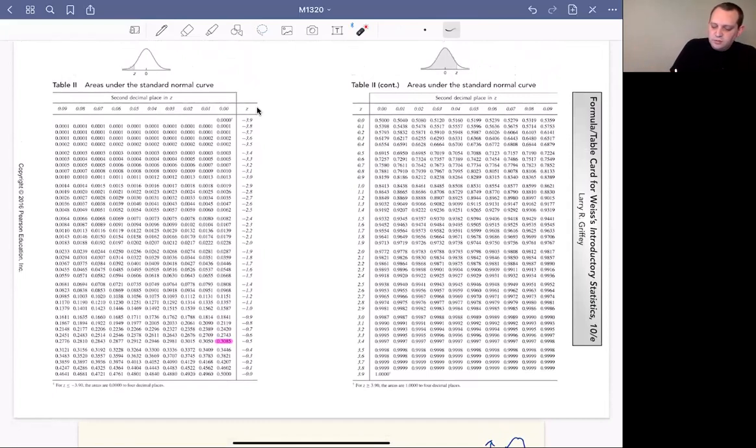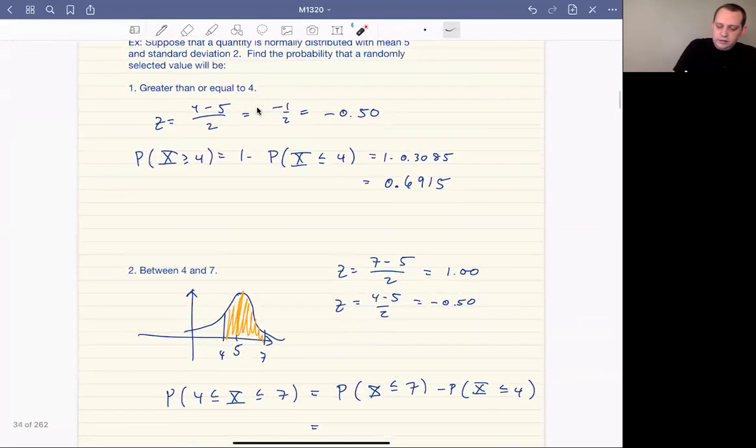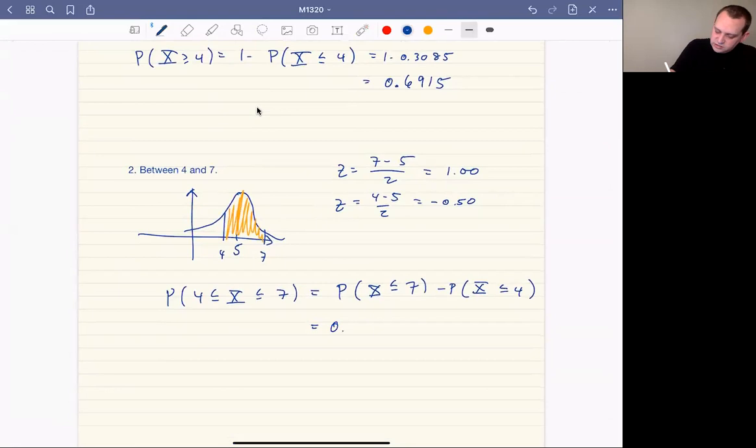If we're looking at 1.00, it's going to be 0.8413. The probability that x is less than or equal to 4 is what we found previously, 0.3085. And then whatever that subtracts to will be our answer.